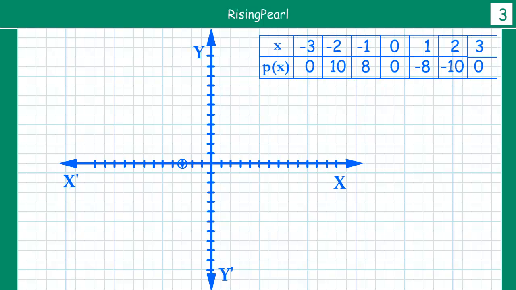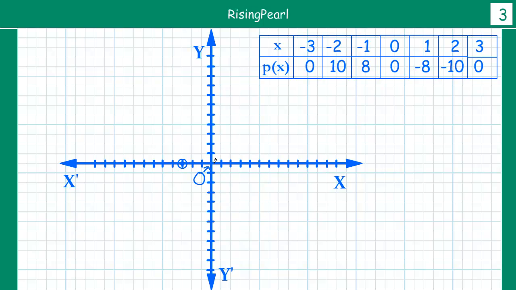Now we would want to draw these points on the graph and find out what is the exact graph for this polynomial. So this is the origin, right? That is the 0, 0. This is our x-axis, x, x dash. This is the y-axis, y, y dash.